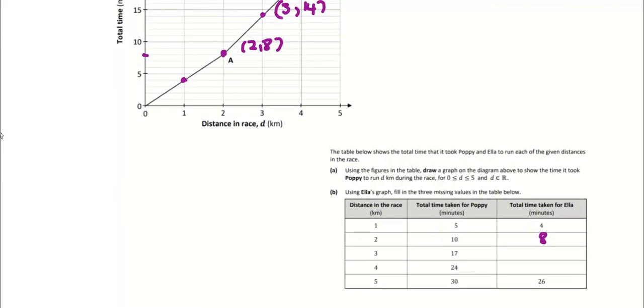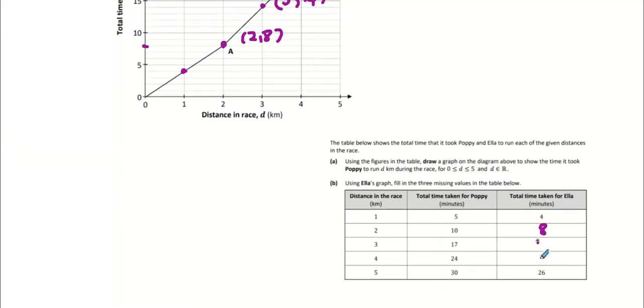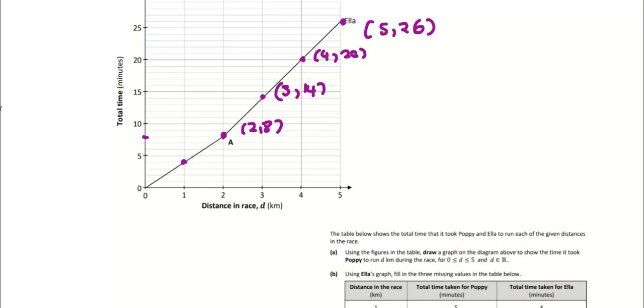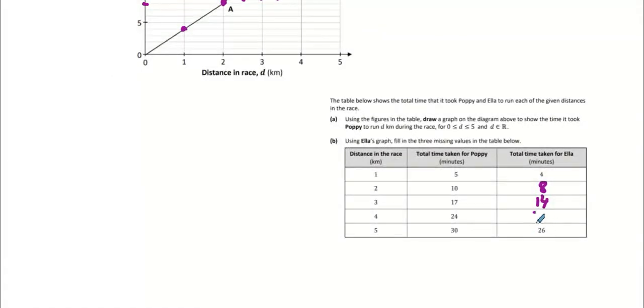We have 3, 14, and then we have 4, 20. So we can see Ella was going 4 at the start, and then she jumped up to 6s. So she was doing basically 6 minute kilometers. So 4 minute kilometers at the start, then each kilometer took 6 minutes.